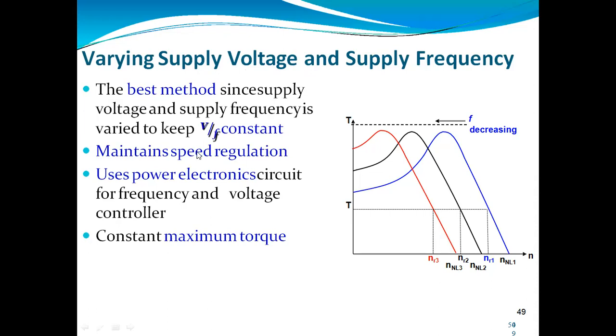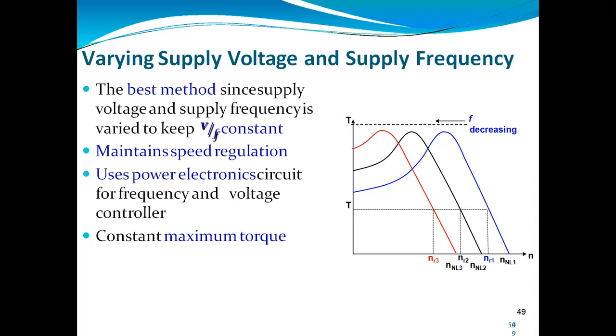We get speed regulation because we are varying V by F: if we vary the voltage, we also vary the frequency, so V by F stays constant and we maintain speed regulation. It is used in power electronic circuits for frequency and voltage control, and the torque obtained will be maximum.